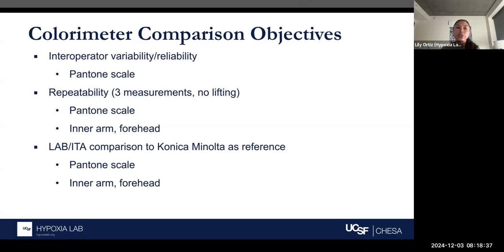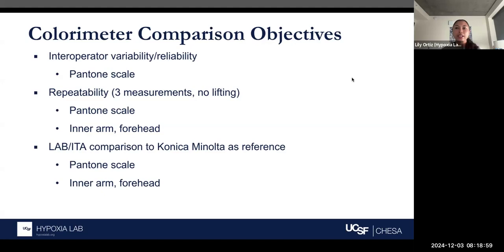We did this both with the triplicate measurements on skin and on the Pantone scale. And our last objective was to compare the performance of devices overall and see which device was producing the closest values to the Konica Minolta. We would like to share some of that data with you, but we're still running our analyses.